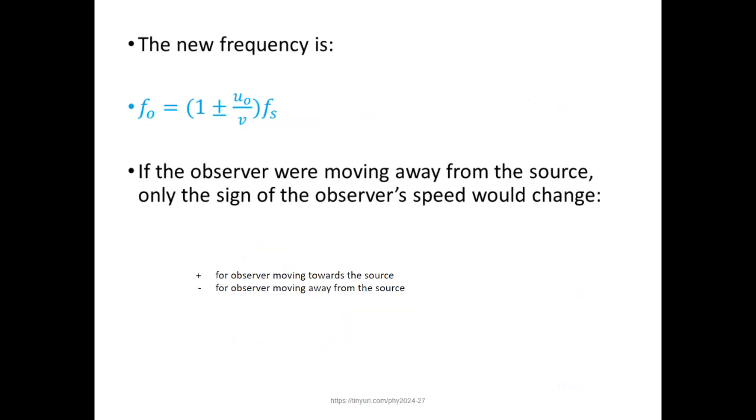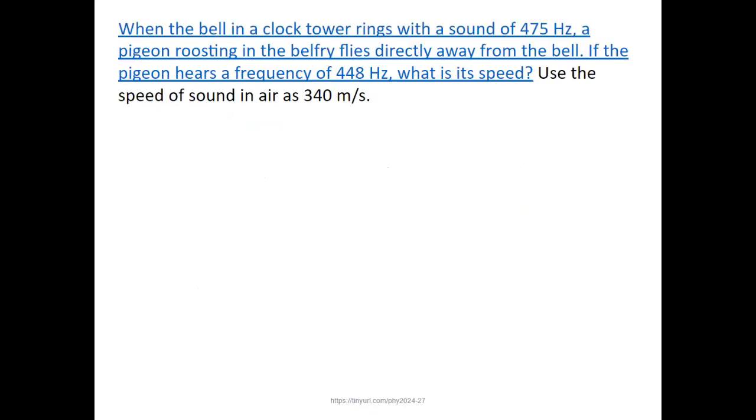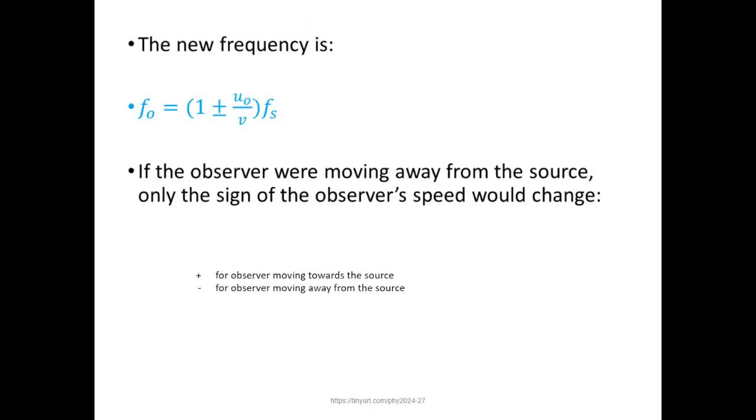To determine which sign to use: if the observer is moving towards the source, you take the plus. On the other hand, if the observer is moving away from the source, you take the minus sign. That's how you determine that.